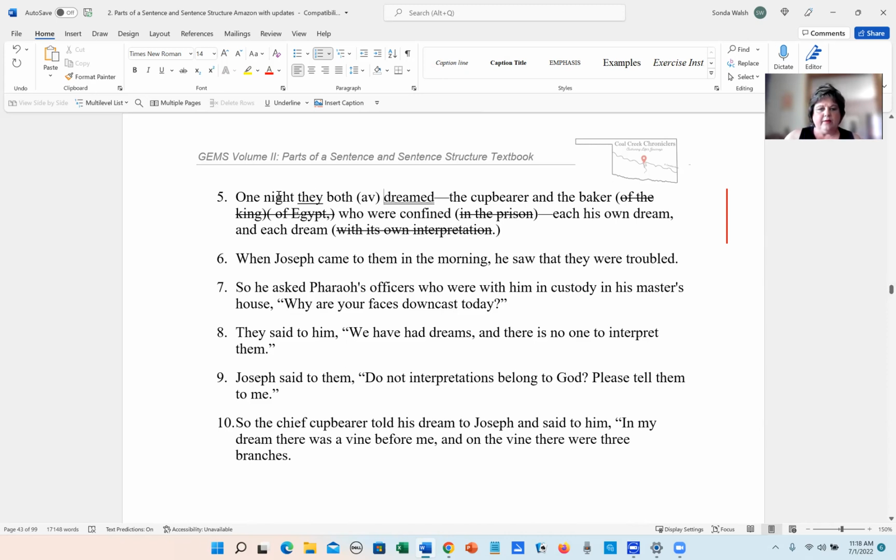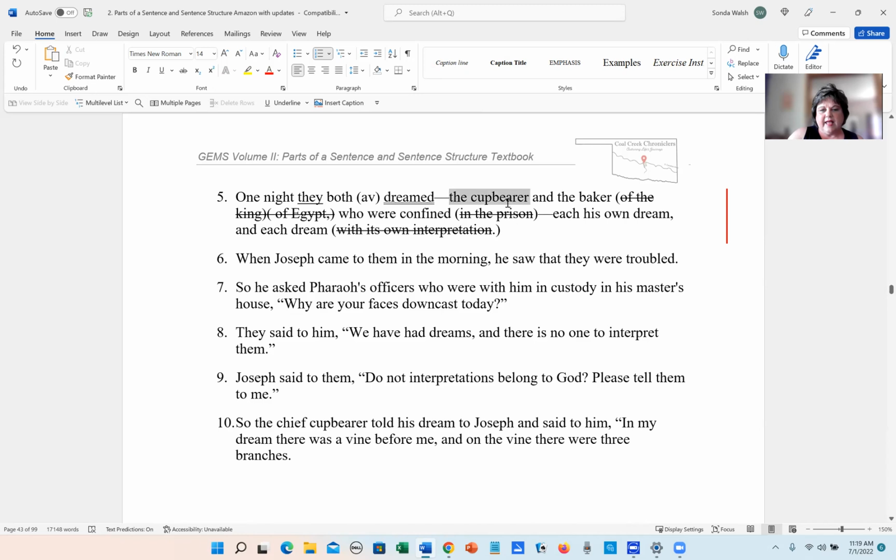Now we have: one night they both dreamed, the cupbearer and the baker. We have this dash here, and usually that tells us that we just have some more information. The cupbearer and the baker really goes back and describes they.